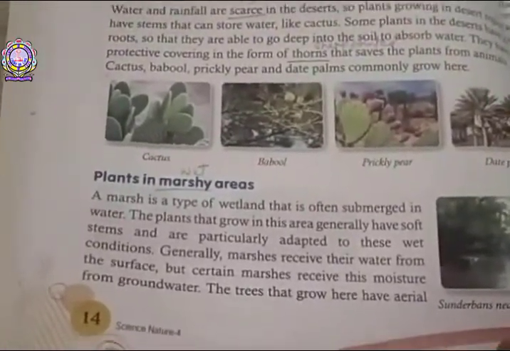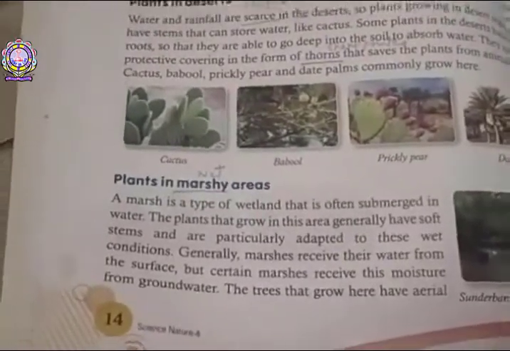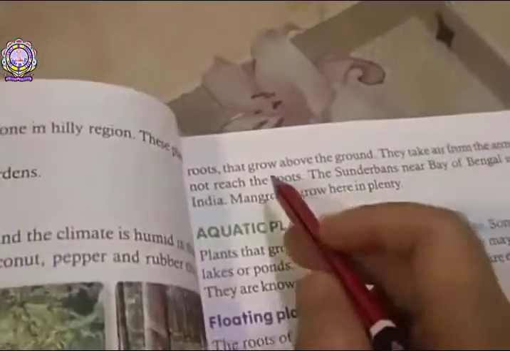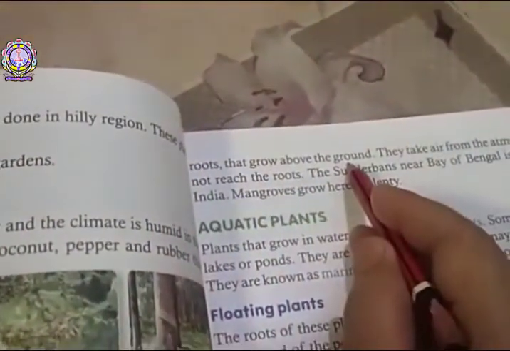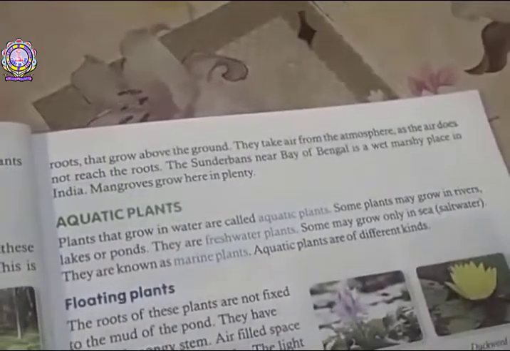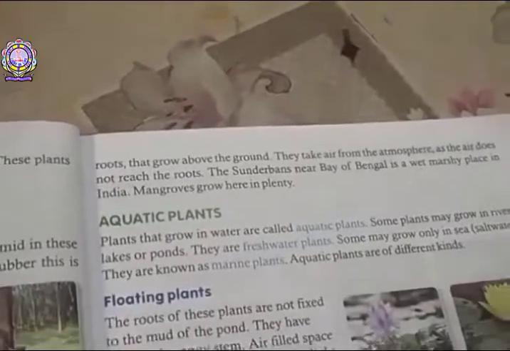Their roots come out of the earth and grow in the air, above the ground. The roots of the plants of marshy areas grow on the land, not in the land.